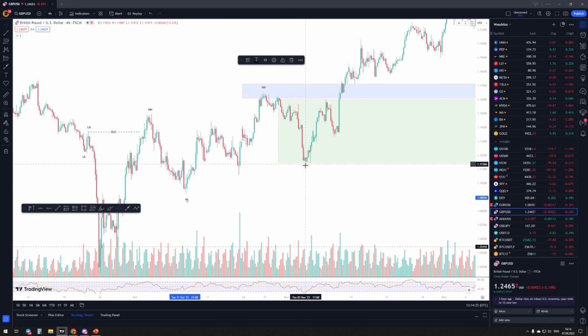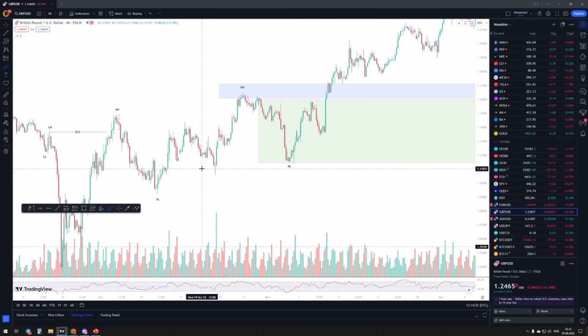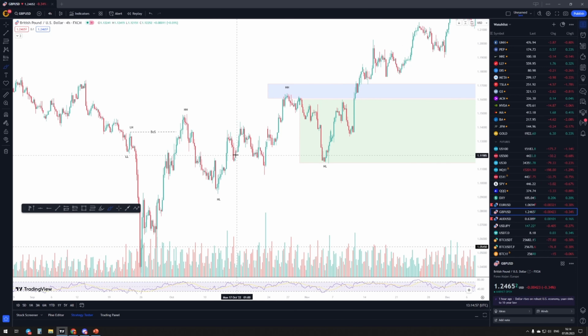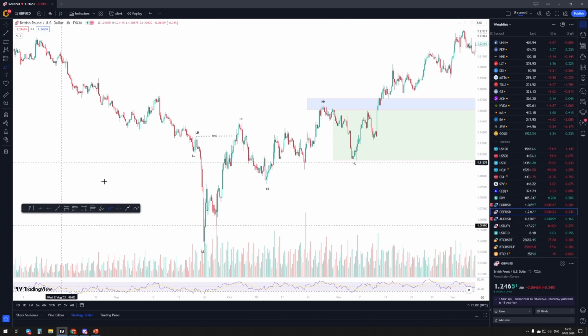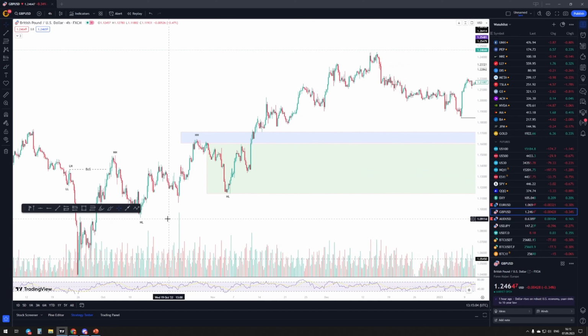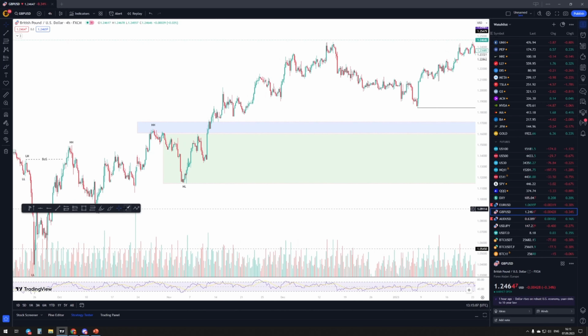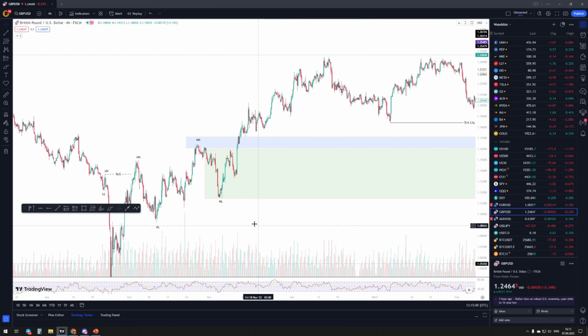Next higher low will be here, because if you identify higher low right here, it means on this area you had a break of market structure somewhere, probably on a low time frame, but it didn't happen. Next we had to identify higher high again, which is kind of difficult on this market structure.